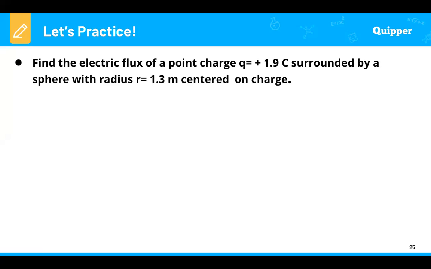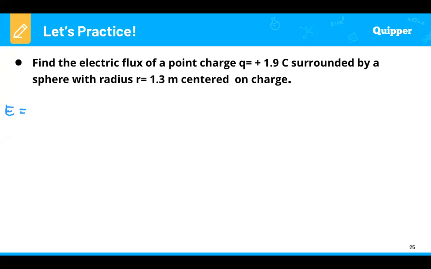Let us now write the following formula, E equals Q over. Okay, so let's solve now.